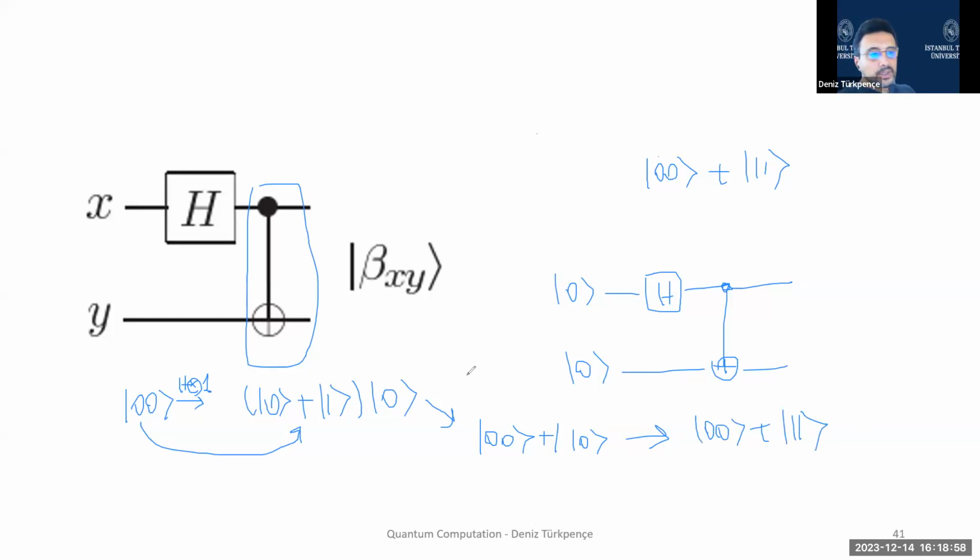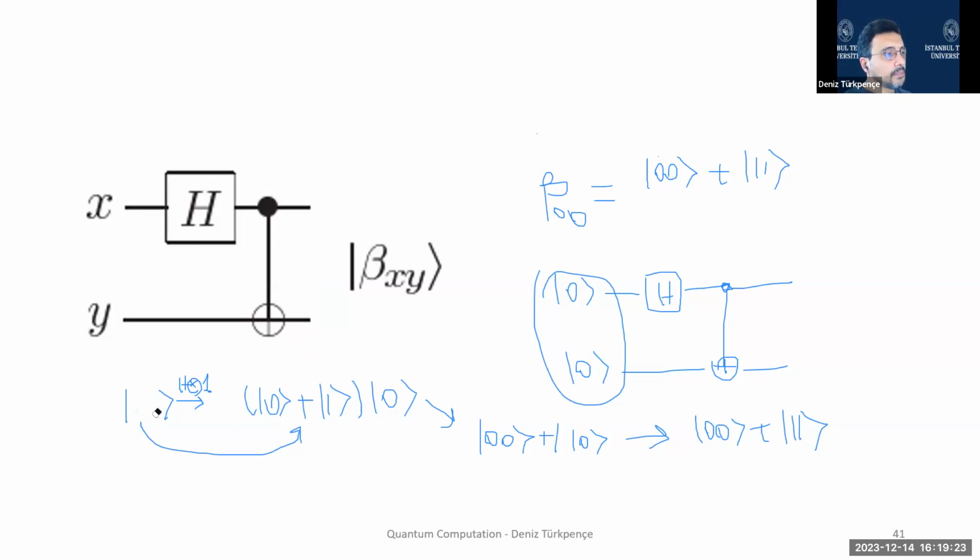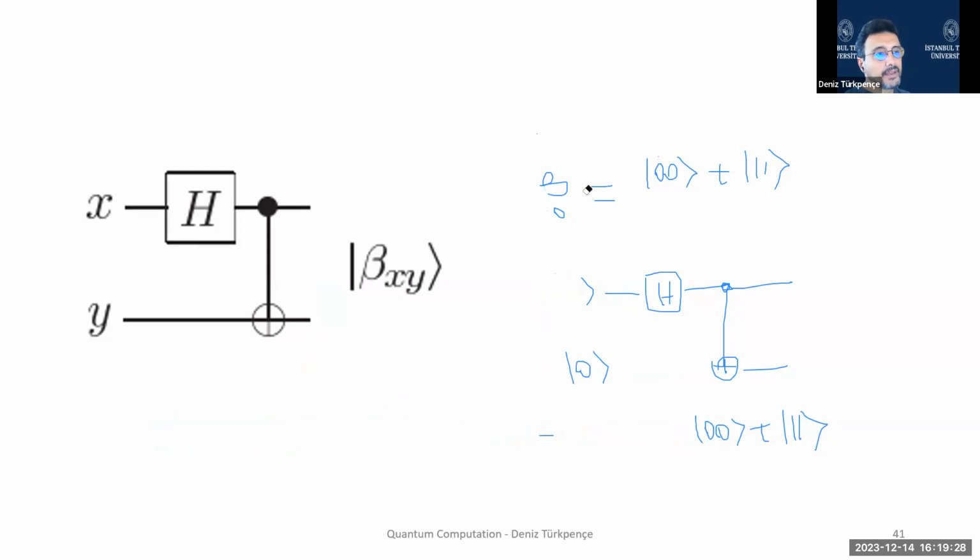So for this reason, I write here beta 0, 0. This has been obtained by the initial state 0, 0. Okay. If my initial states were different, you could obtain different types of Bell states. 0, 0, 1, 0, which has been written in the previous slide. Okay. This was the simplest case to obtain the Bell states.